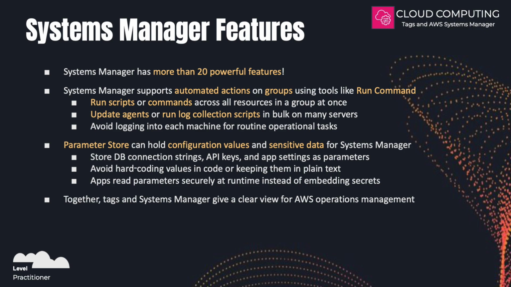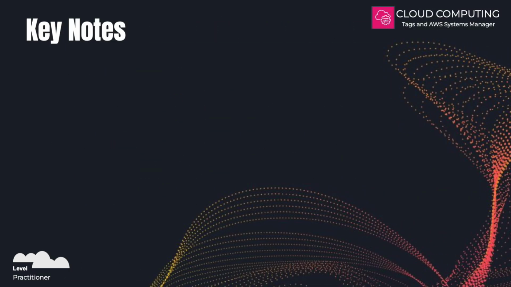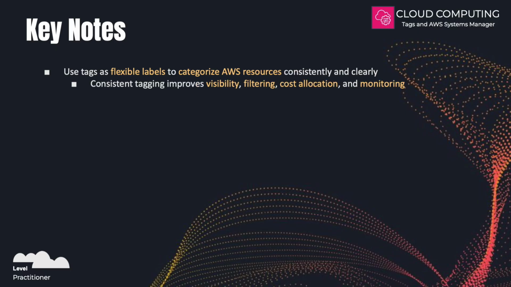So, before wrapping up the video, let's quickly see what the key takeaways are that you should remember about tags and Systems Manager at this stage. Tags give you a flexible way to label and categorize almost any AWS resources. When used consistently, they help with visibility, filtering, cost allocation, and monitoring.